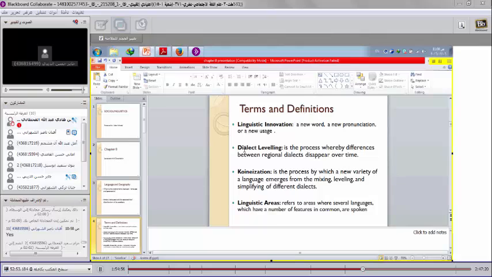He found that there is a dialect leveling occurring among younger people, who are shifting from the sa sound to ka, like in the Arabic sentences كيف حال to كيف حالك. So this is another example about the Arabic language.